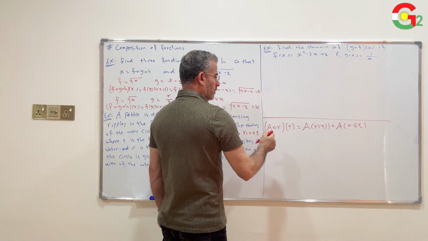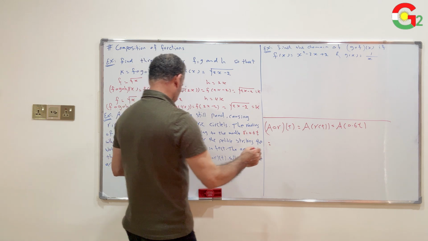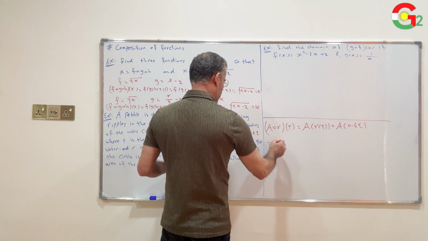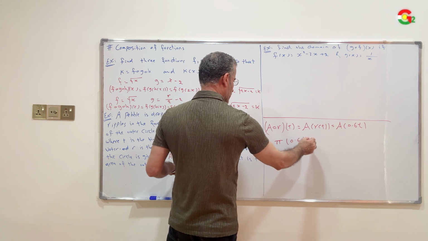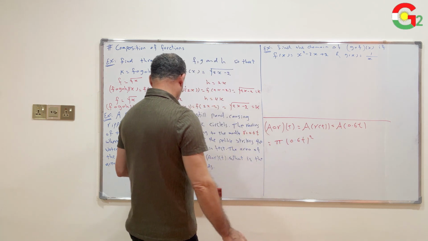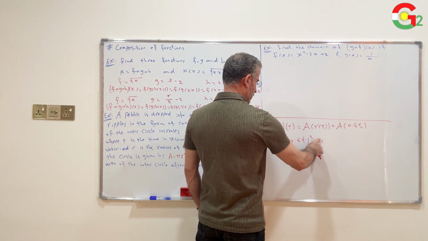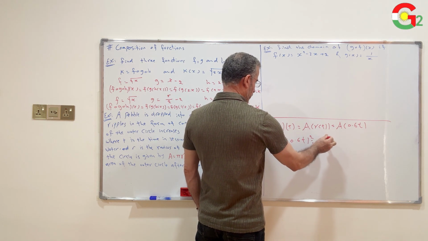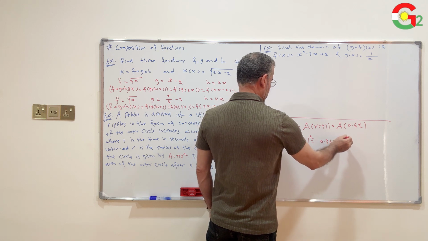A of 0.6t is pi times (0.6t) squared, equal to 0.36 pi t squared.